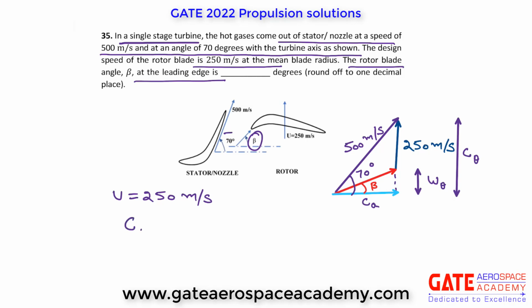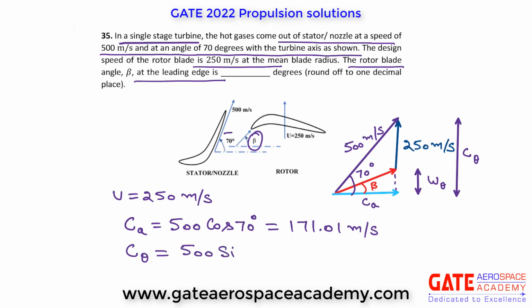So CA, axial velocity, is equal to 500 cos 70 from the velocity triangle, that is equal to 171.01 meter per second, and C theta will be equal to 500 sin 70, that is equal to 469.8463 meter per second.